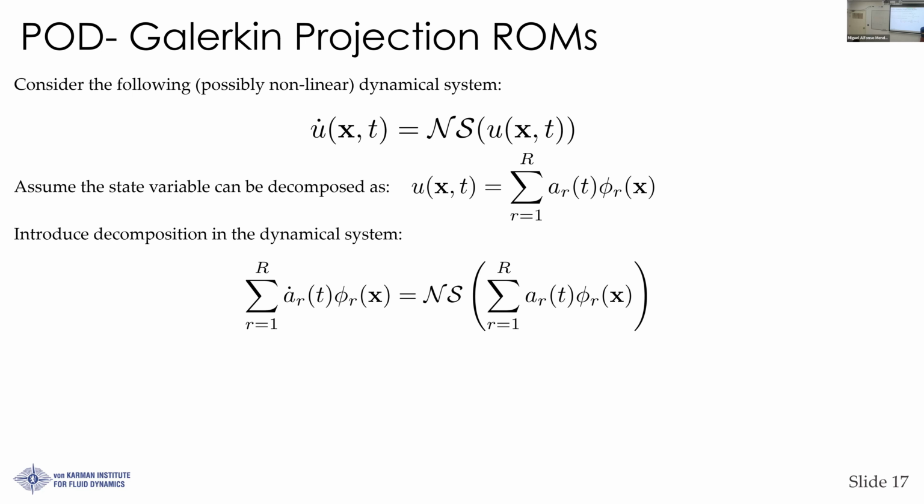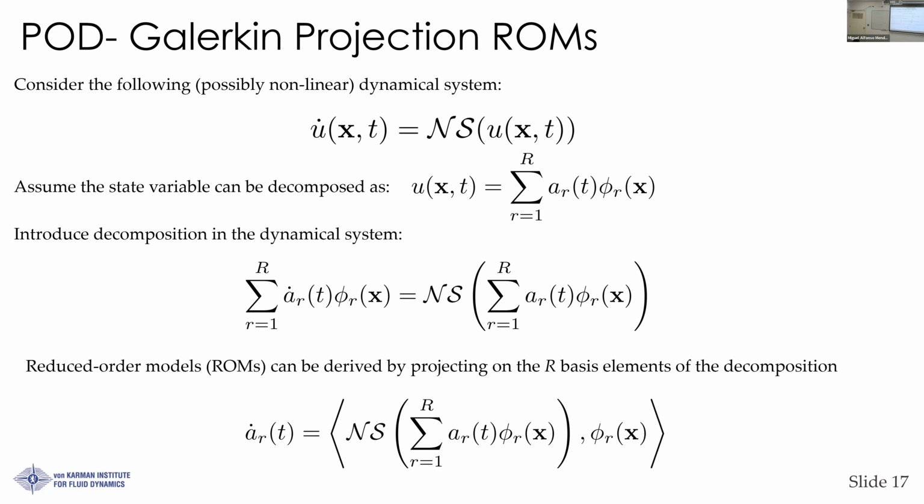So if now we take the inner product with respect to, say, the basis number 3, only one term will survive, which is the one that has the basis number 3. All the others will die. When you do this projection, you will end up with a system that might, again, look ugly, but you will see in the exercise that I gave you, it does not really look too ugly. If I have, say, 3 modes, I have now obtained 3 equations for the 3 coefficients. So I have an ODE of dimension 3.